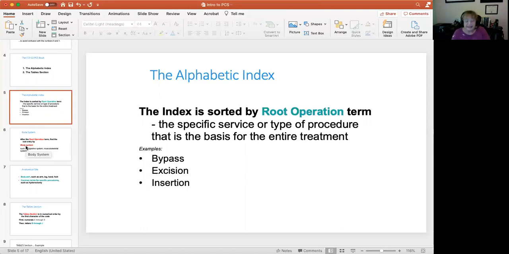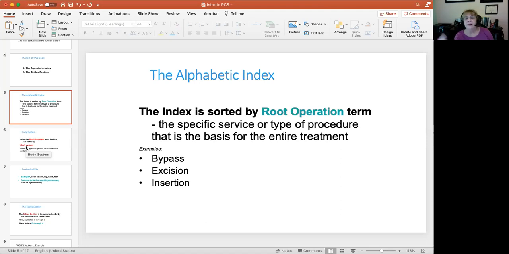In addition, in the front of your PCS book, there will be a page that shows you the root operation terms they're using and what each means. So for example, bypass means altering the route of passage of the contents of a tubular body part.